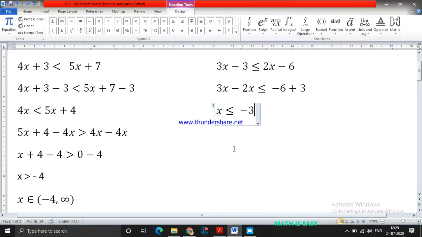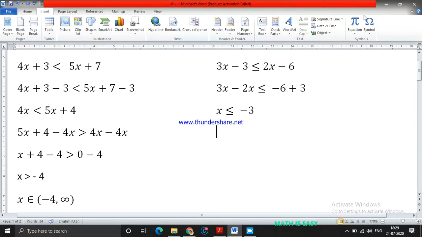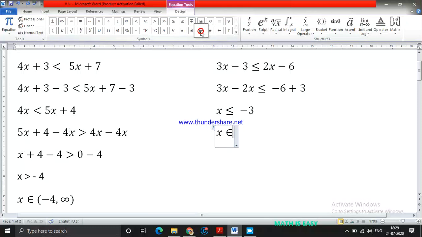So your final answer is x is less than or equal to minus 3. What are the numbers less than minus 3 or equal to minus 3? We can write it as x belongs to the open interval minus infinity to minus 3 closed interval, because the equal sign is there, so I'll put a closed interval here.